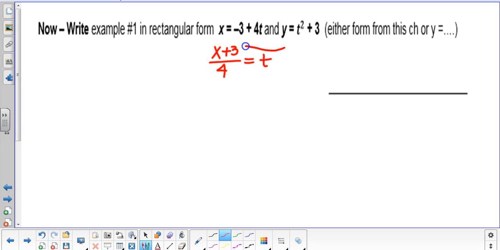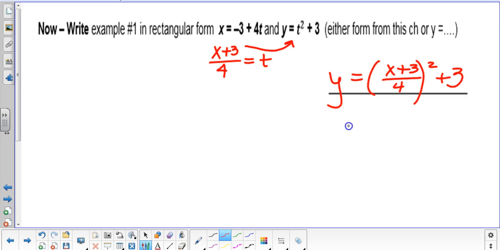Then we're supposed to substitute that in here. So it will say y equals ((x plus 3) divided by 4) squared plus 3. Now, again, there's a 4 in the denominator. If we square it and pull it out front, it will become 1/16. Is everyone okay where I got the 16? Because I got rid of the squared on that part.